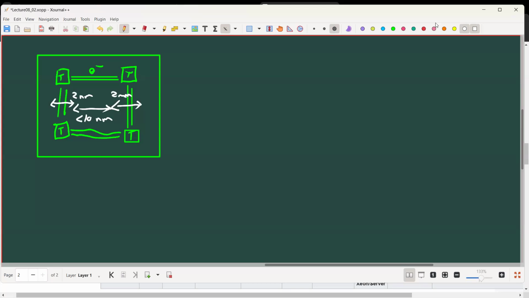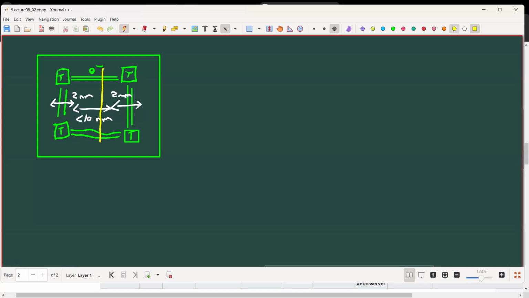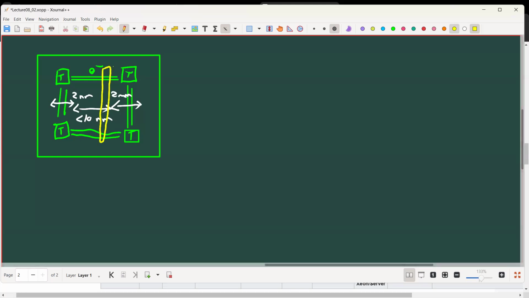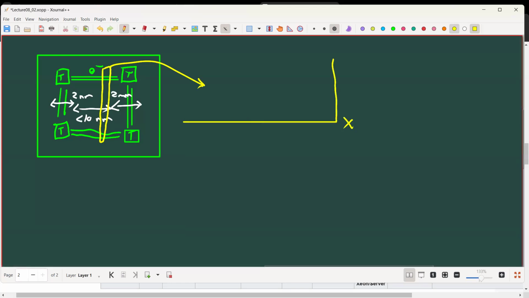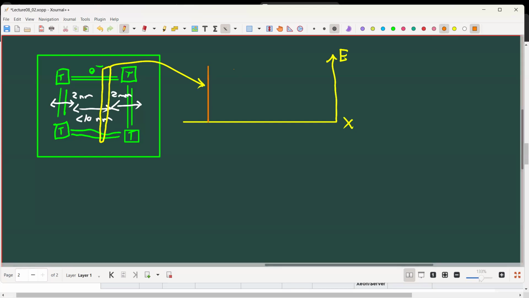Well, if we cut our picture down the middle, like if I take a slice along this axis right here, and I plot it in terms of x, and then in terms of energy, the potential energy of storing the electrons, I basically have two little boxes, one for each of my conduits.